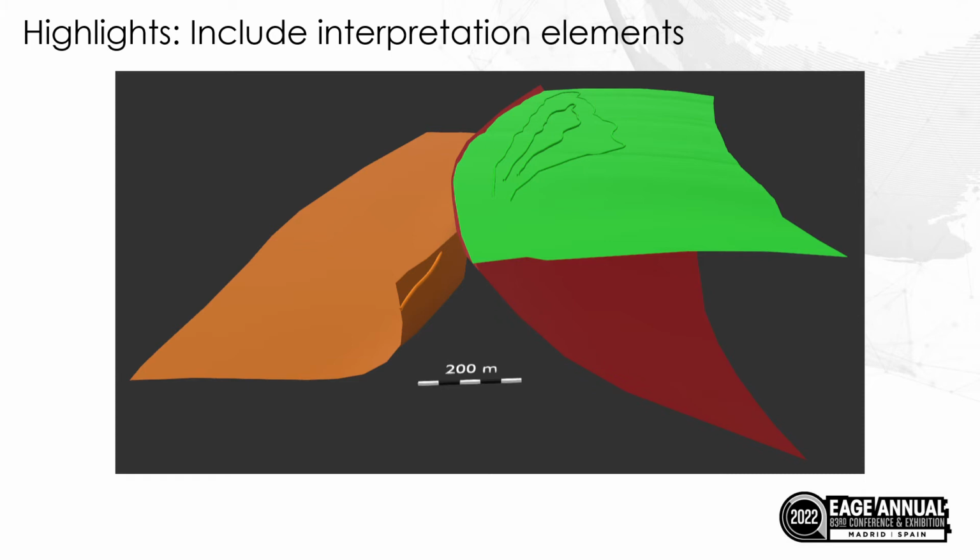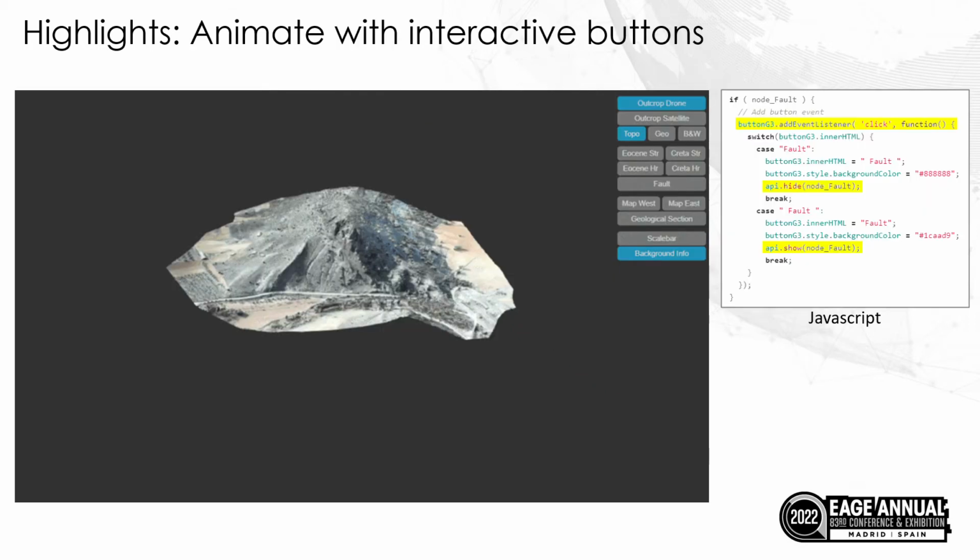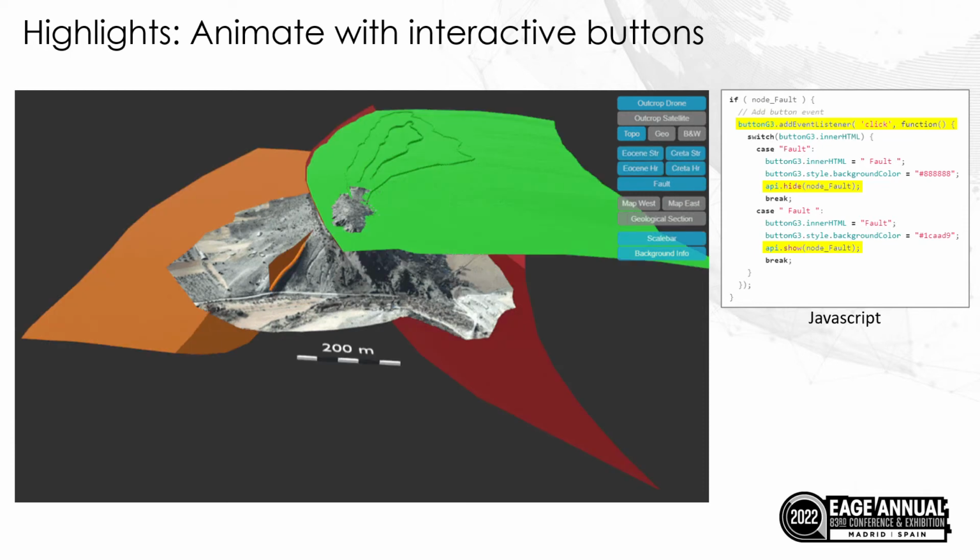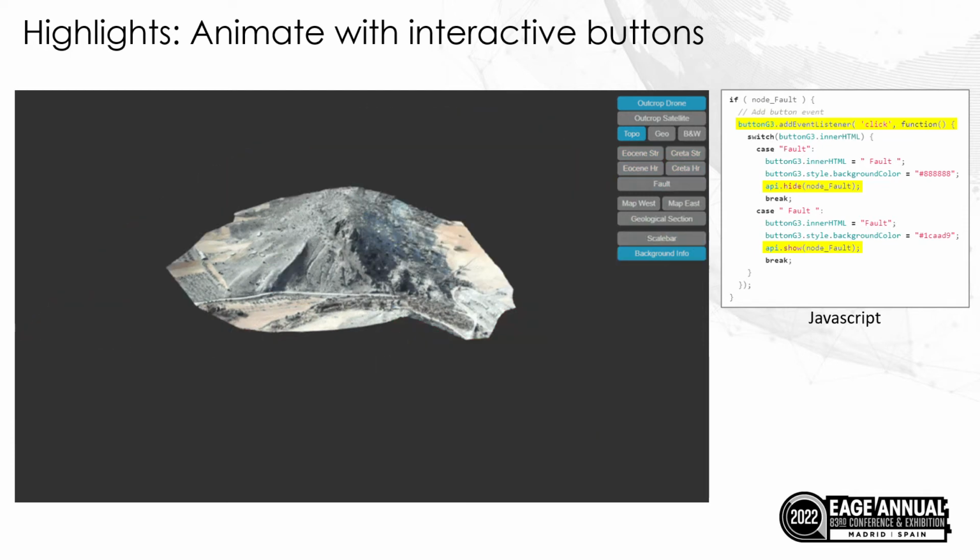Interpretation in the forms of the strata and the surfaces. And then I have added these buttons at the corner that allow to switch on and off the single elements of the model with the help of some JavaScript code.